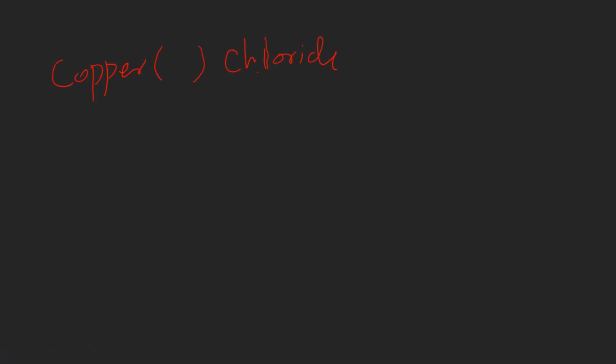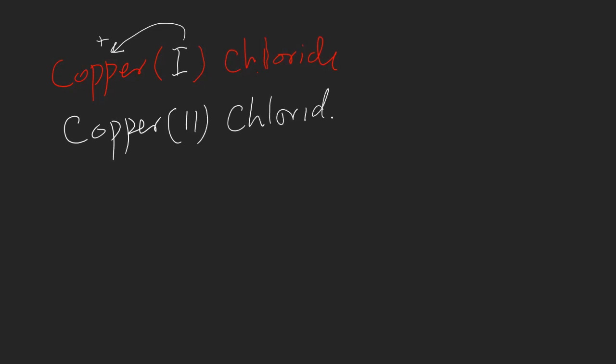Now I may write 1. Let's say it is copper(1) chloride. This 1 means that this copper is +1. If I write copper(2) chloride, this 2 in the bracket tells me that this copper here is 2+.